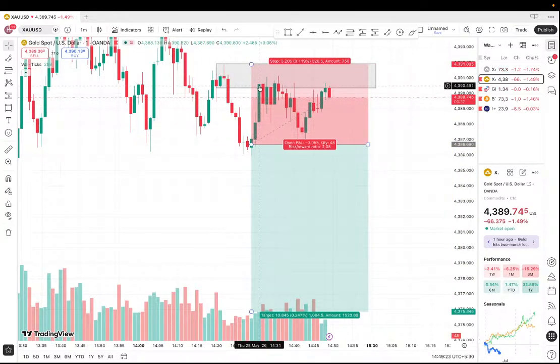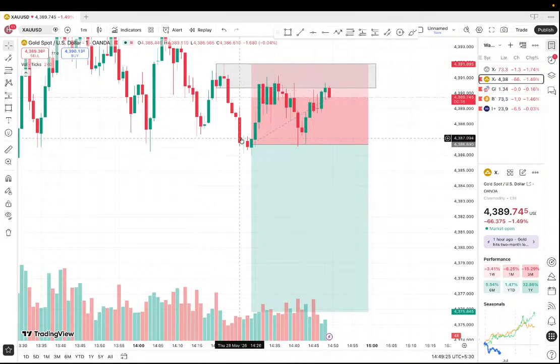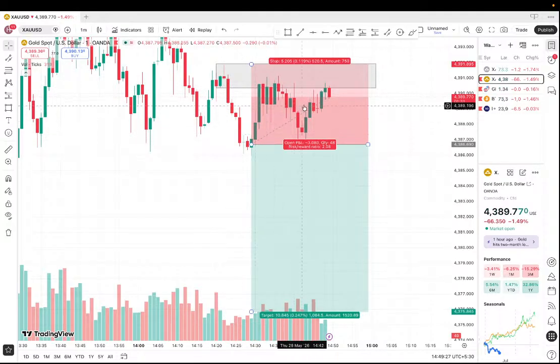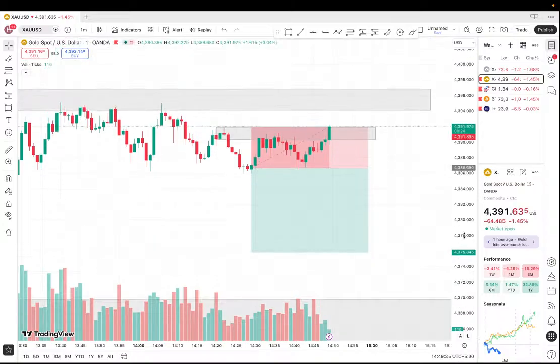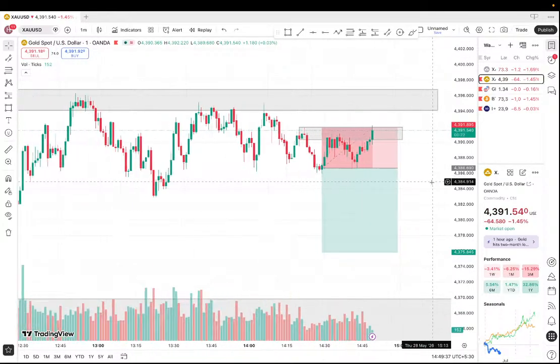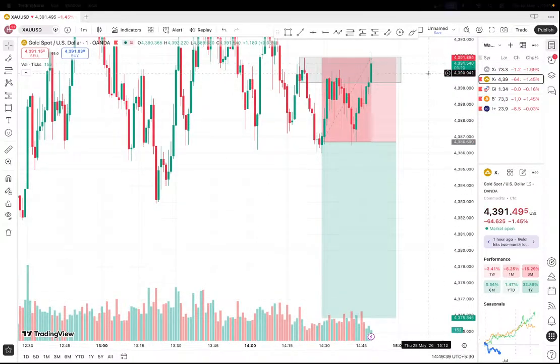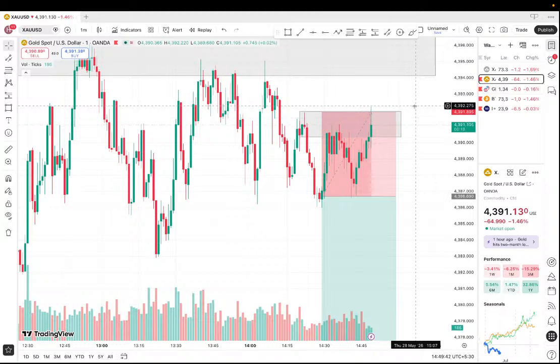Here you can see we are holding this trade. We entered around this level. Now you can see it's been more than 20 minutes and we are seeing the price in the same direction. So now it has officially given a stop loss. So this is our second SL in 2 days.